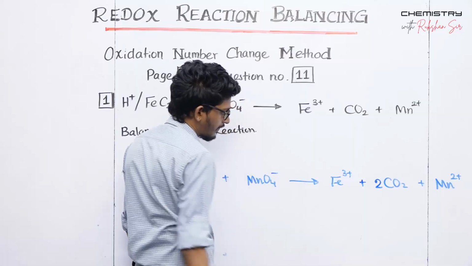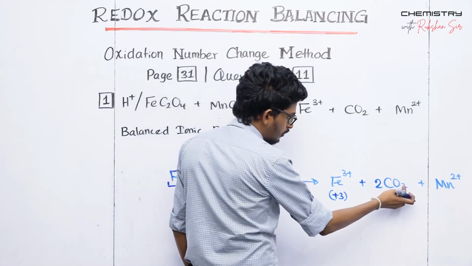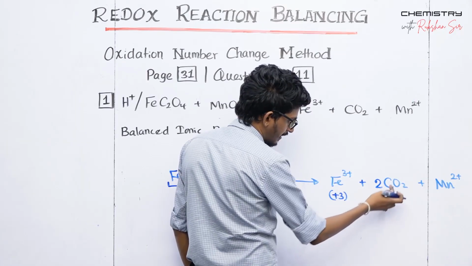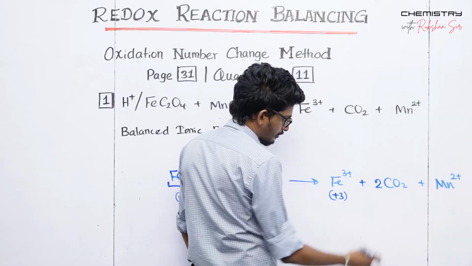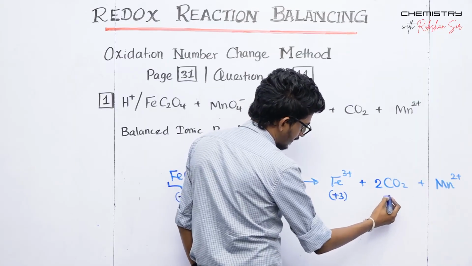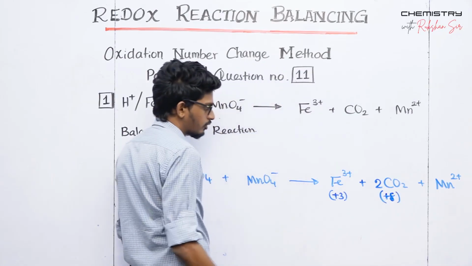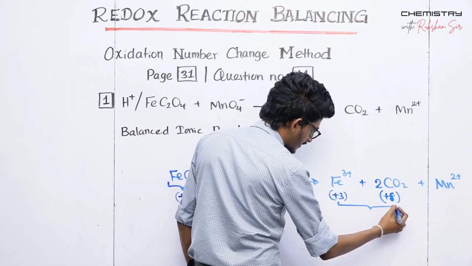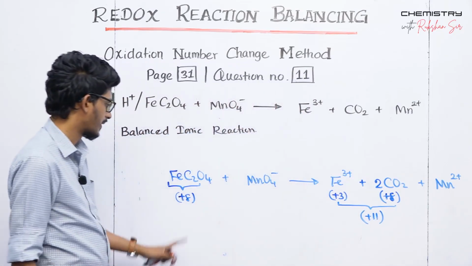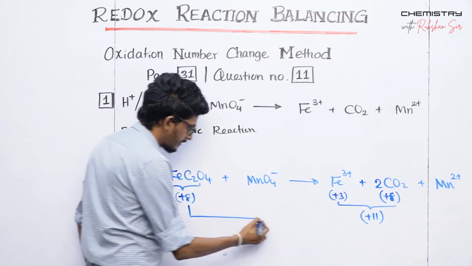What about the product side? +3 is there for iron. 2 oxygens means -4, so one carbon carries +4. Two carbons are there, that is +8. So altogether the summation is +11. This is the oxidation half: +8 oxidizes to +11.